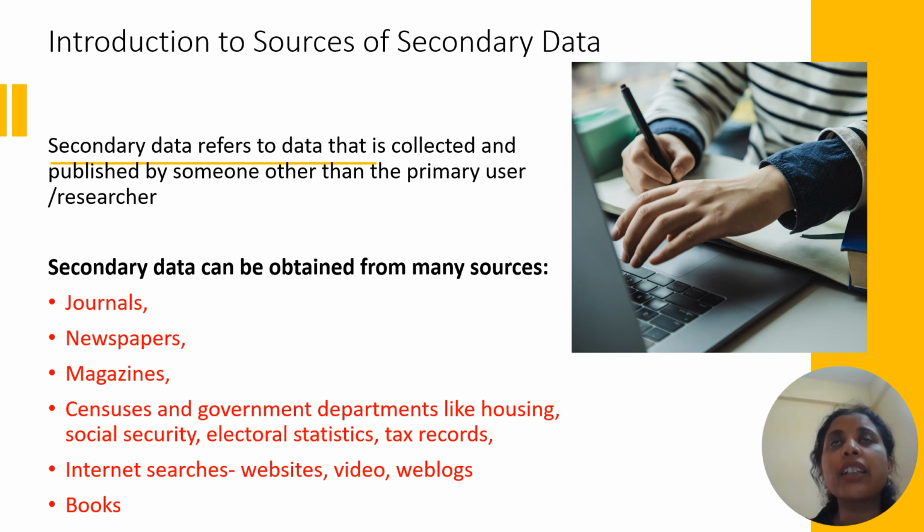Whatever is recommended by the authors in their journal articles can be taken up as a research gap for your further study, and that becomes your problem statement. In this slide, you see that secondary data comes from various sources: journals, newspapers, magazines, government records, various websites which you search, and books.